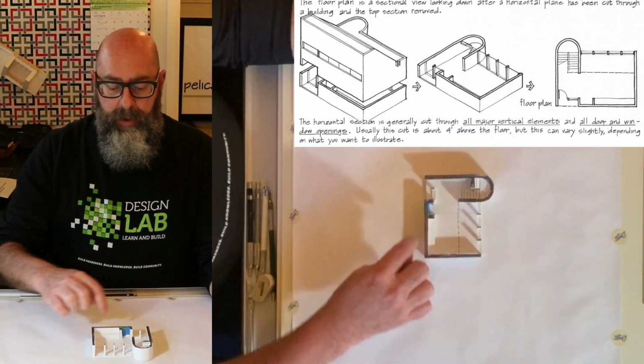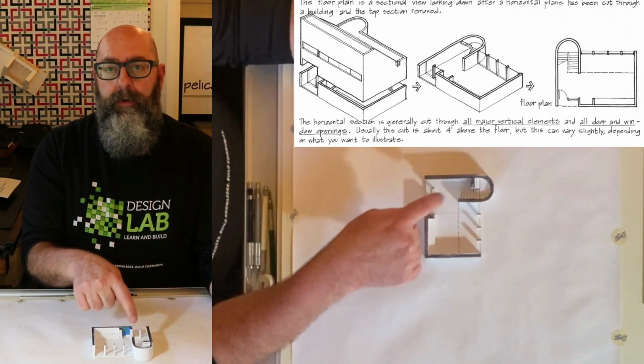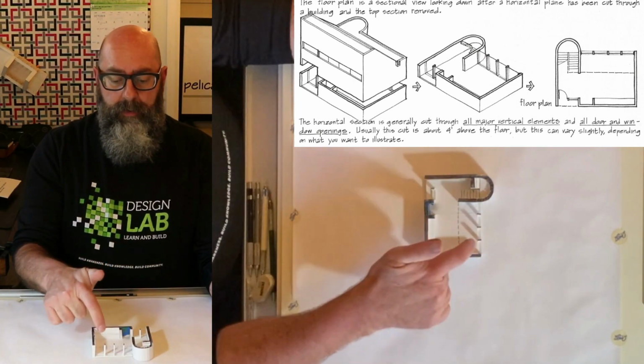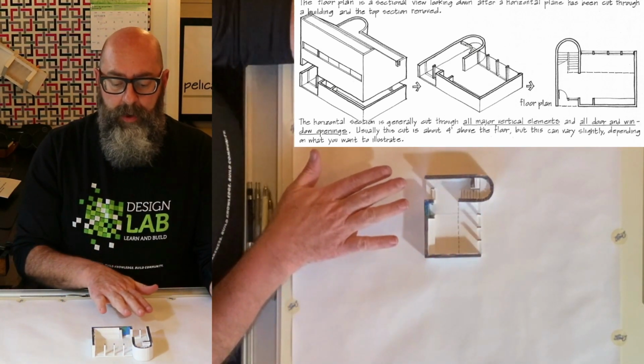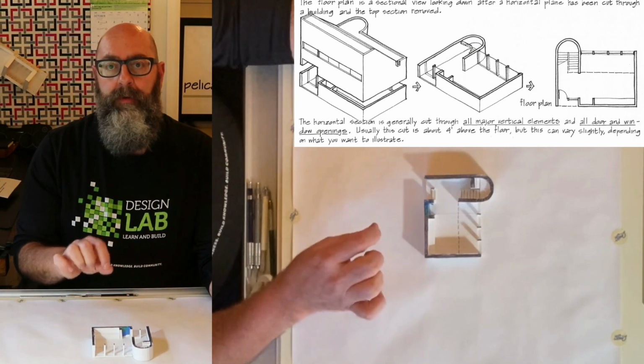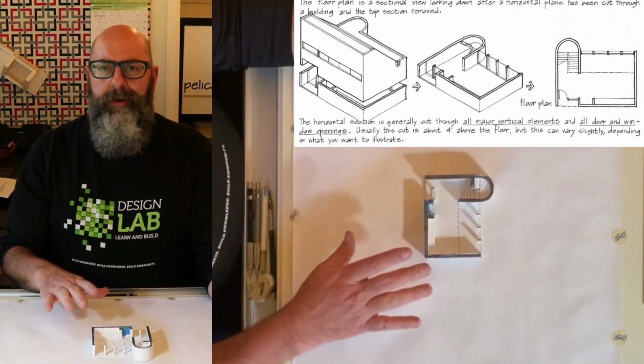So it describes the exterior walls, it describes where the interior walls are, it describes if you're cutting through windows, and it's a snapshot of that floor at a particular height, usually around 3 to 4 feet.